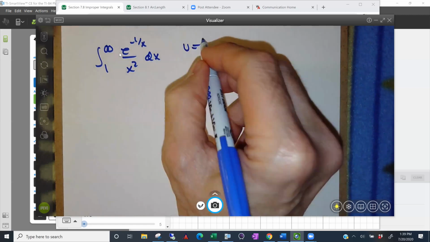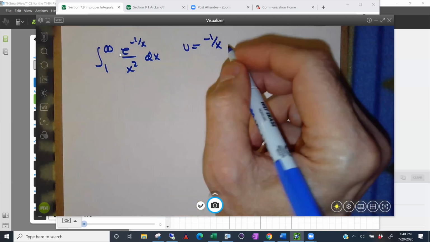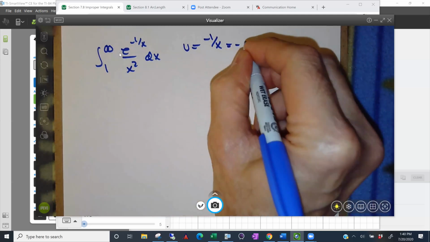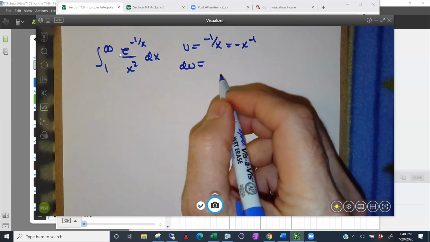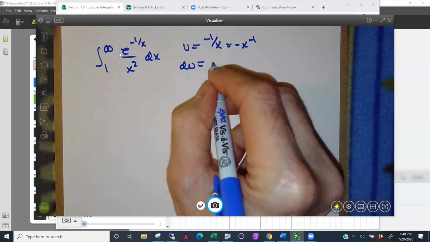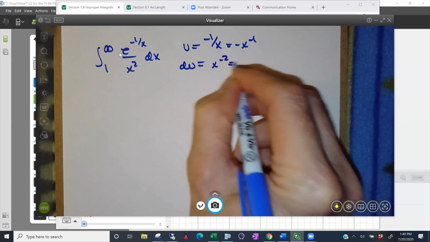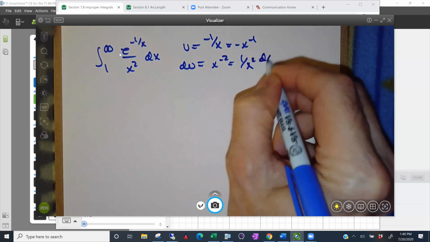So if I do -1 over x, which of course is just negative x to the -1, my du term is going to be a negative times a negative. It's going to be positive 1 over x squared dx.